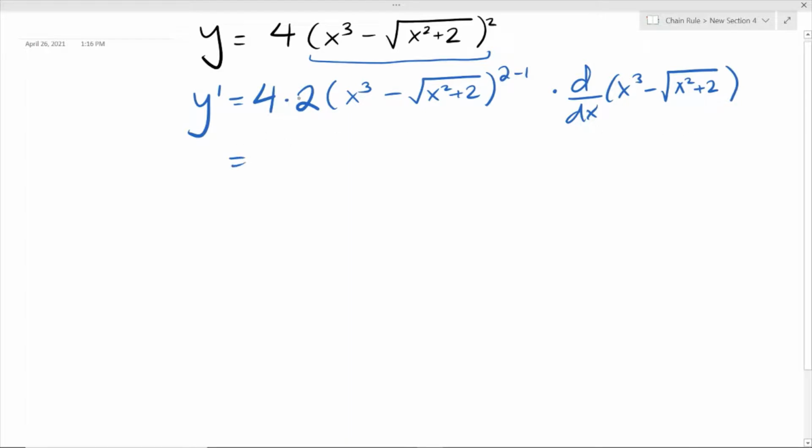So 4 times 2 is going to give 8. Here it's going to be multiplied by x cubed minus square root x squared plus 2. 2 minus 1 is 1, so this is to the exponent of 1. And here, derivative of this. So we have to basically find a derivative of x cubed, right?